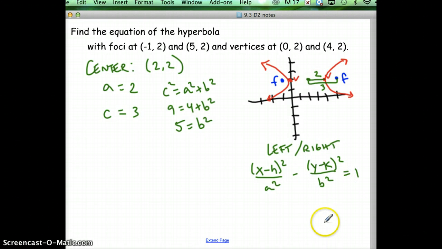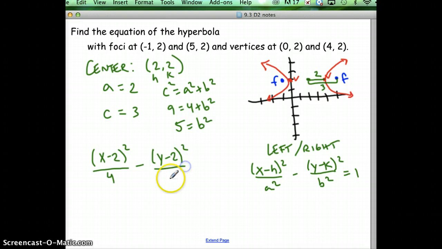Now we're just going to fill in all the appropriate information. h is 2, k is also 2. So it would be (x minus 2) quantity squared over 4, because that's what a squared is, minus (y minus 2) squared over b squared, which we found right here is 5, and then set that equal to 1, and you're done.